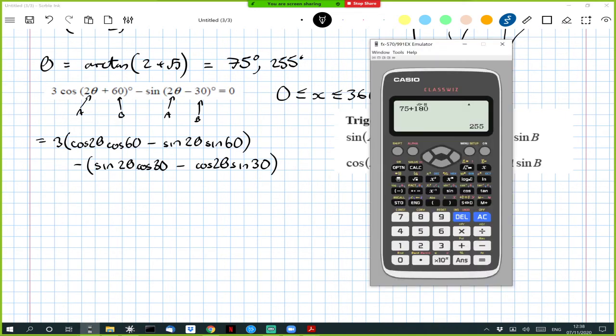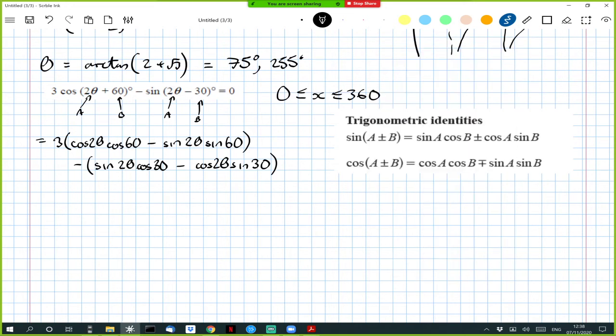So again, we know the value of cos 60. We can just get it straight from the calculator. Cos 60 is a half, so that equals 3 lots of 1/2 cos 2θ minus root 3/2, which is the value of sin 60, sin 2θ.